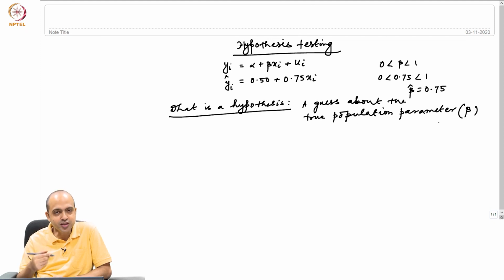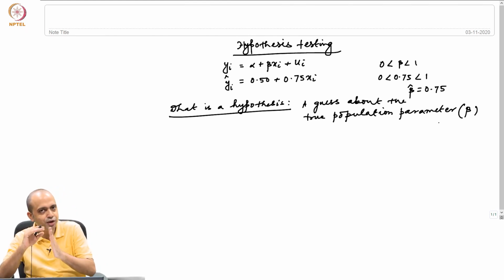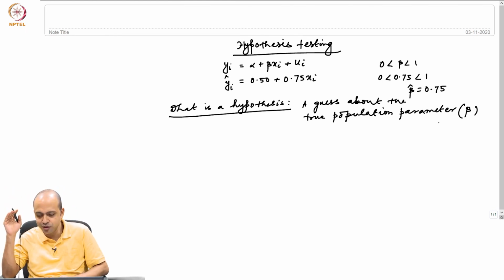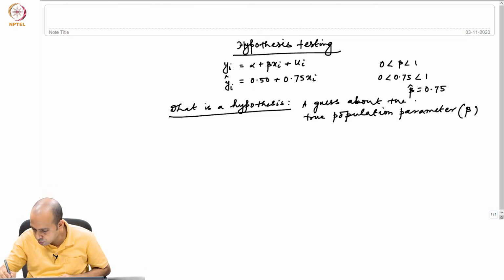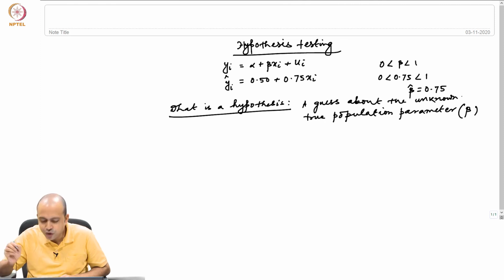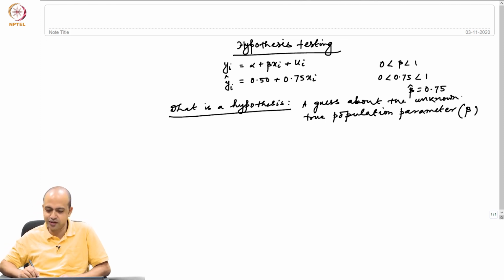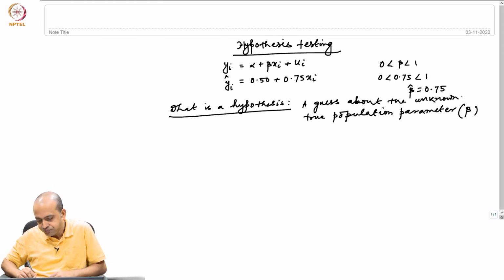That means income has a significant impact on consumption. That is the guess we are making about the unknown true population parameter. Since it is unknown, we are making this case.